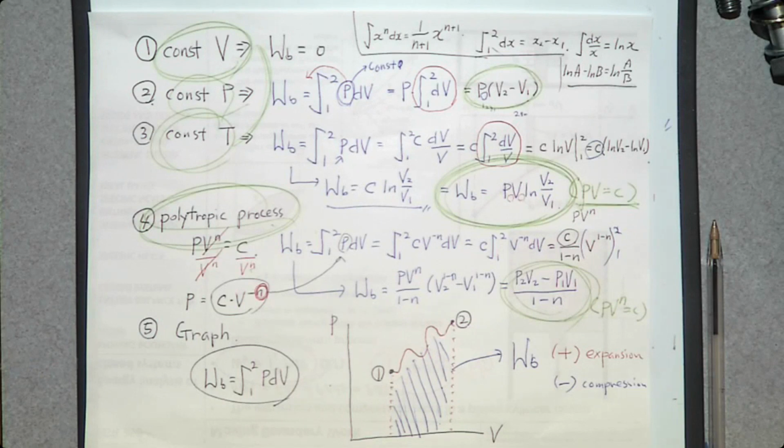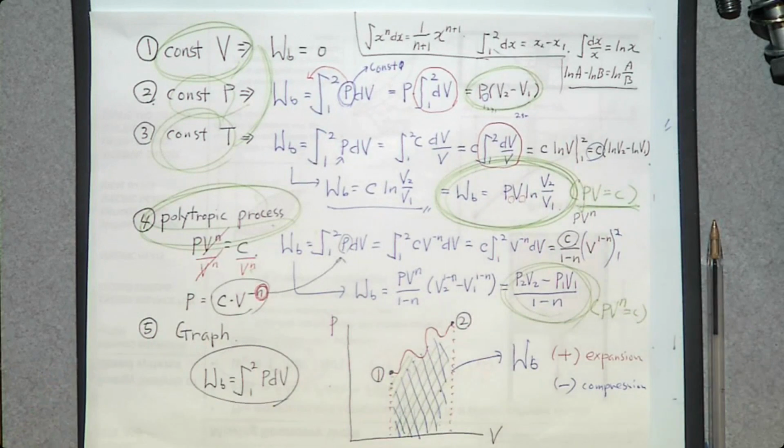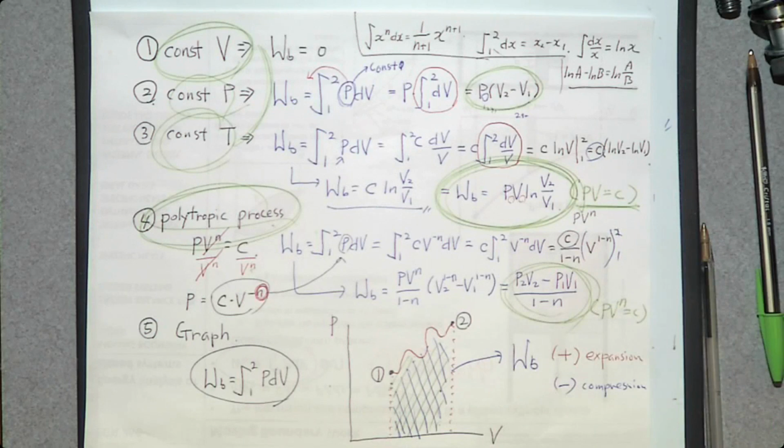If you can determine the area under this process from 1 to 2, that's going to be the absolute value of the moving boundary work. Then you need to determine the sign, depending on whether it is expansion, positive, or compression, negative. So that's how we can determine a moving boundary work. This is what we did last week.